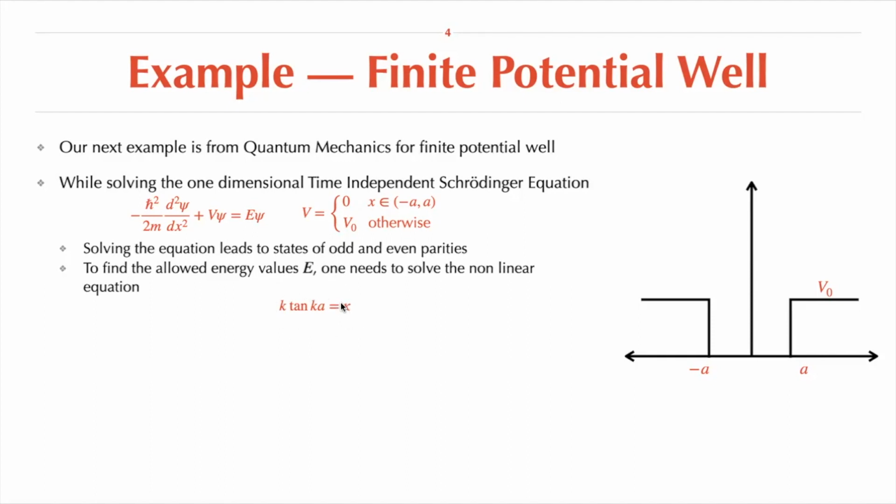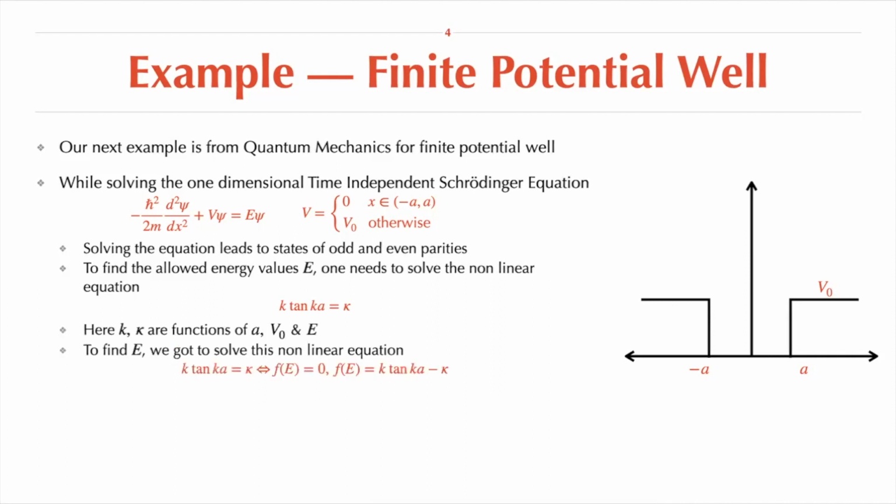Here kappa and k are related to the potential V0 and the energy. If you solve this equation, you will get the allowed energy states.